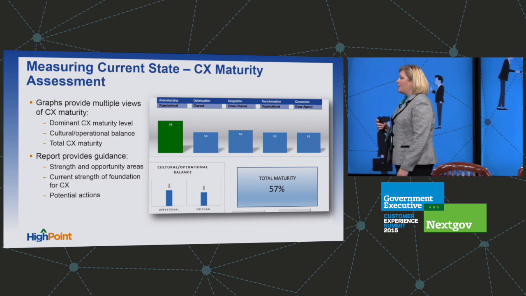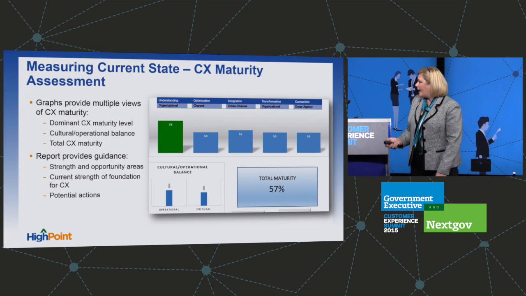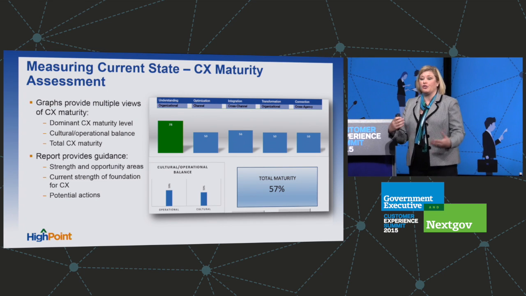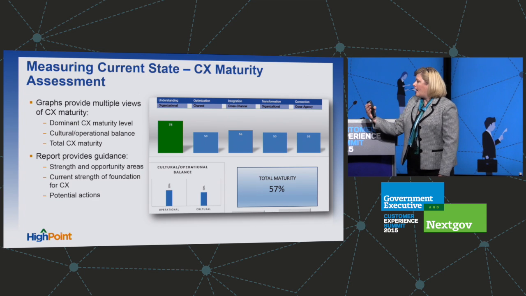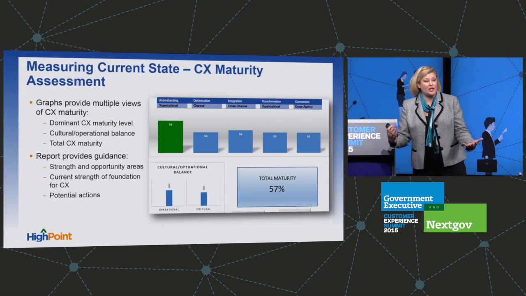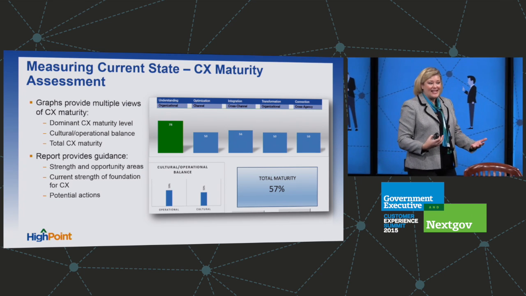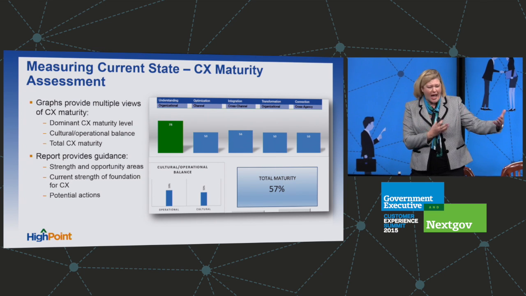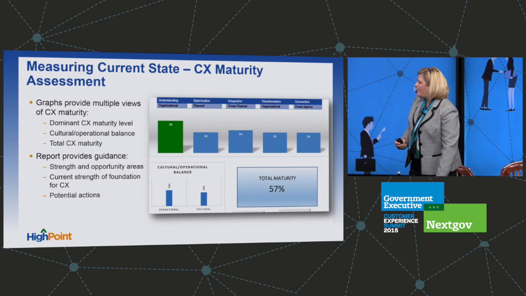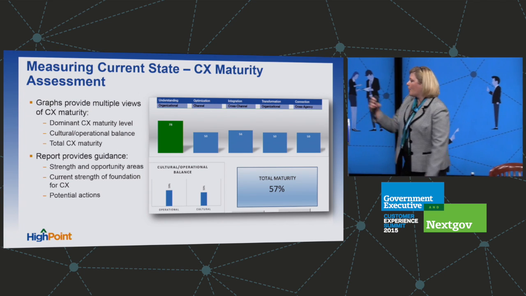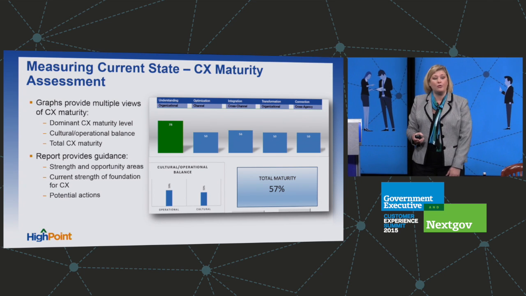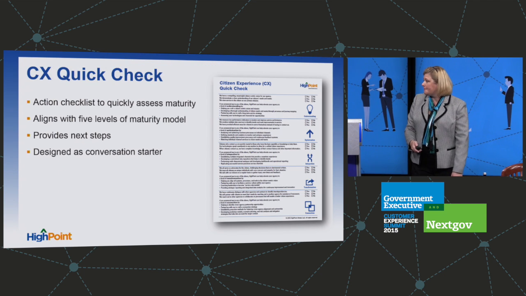So there is a maturity assessment that we can provide that actually shows multiple views of CX maturity, your dominant maturity level, cultural versus operational balance. So that is, how are you doing on the soft part of CX versus the more operational transactional part of CX? And this report can provide you some potential actions and help you develop more of a roadmap of where you need to go next.